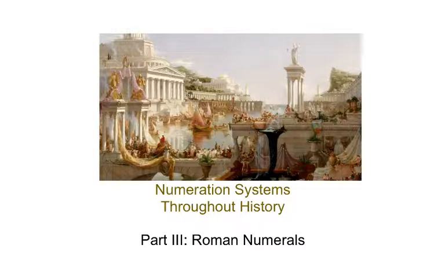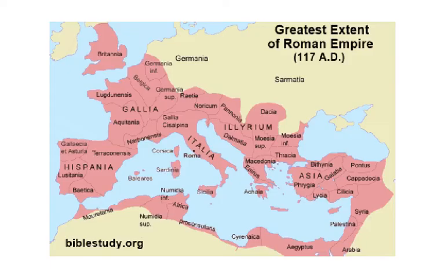The system that we're going to be looking at today evolved between the years 500 BC and 100 AD. And this was a pivotal time in the history of the Roman Empire. Here's a map of the Roman Empire at its largest extent, which happened around the 2nd century AD.